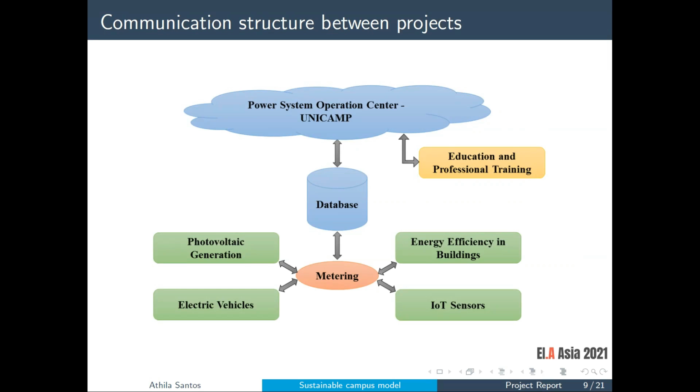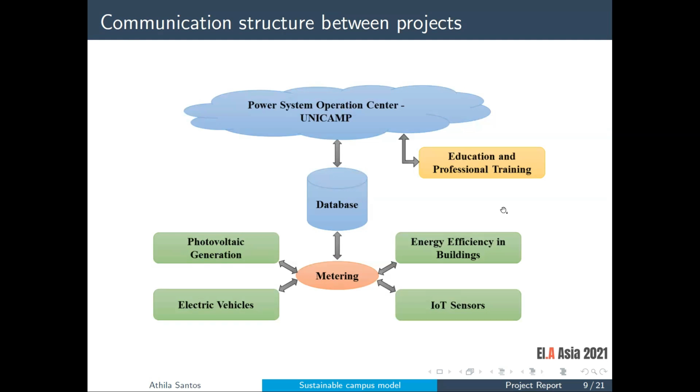So here is the general communication structure. You can see that we have two centralized elements. The first one is a database. So everything in the campus that needs to be archived is stored in the centralized database, and a lot of information is gathered from all the sensors and all the actuators, and this information needs to be sent to a cloud application.